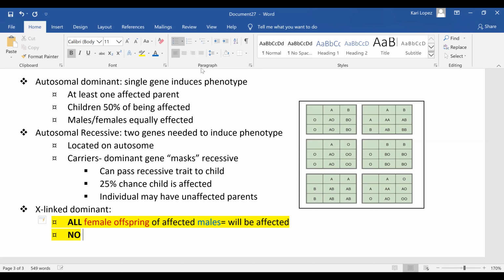No male offspring of affected males will be affected.